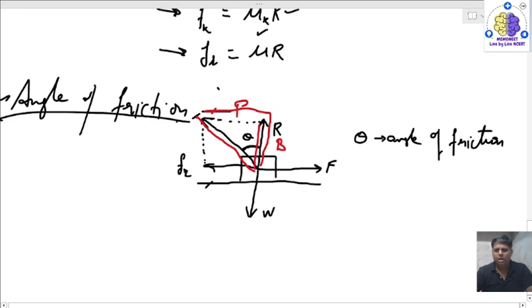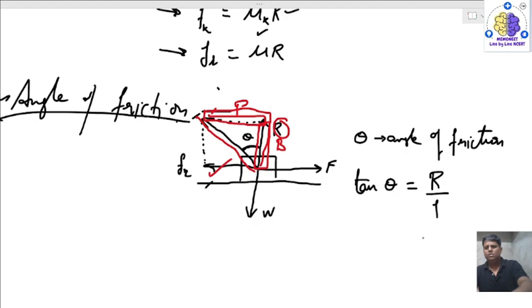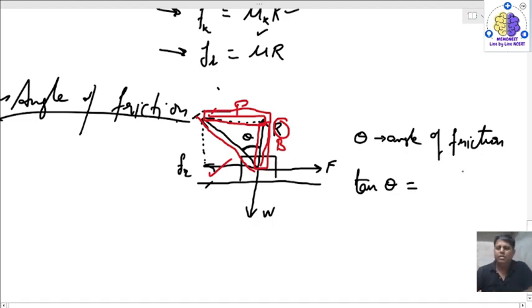So this is nothing but R, and this portion is nothing but the frictional force. So tan theta will be equal to, oh sorry, perpendicular upon base. The perpendicular is F R upon base, which is R, right?